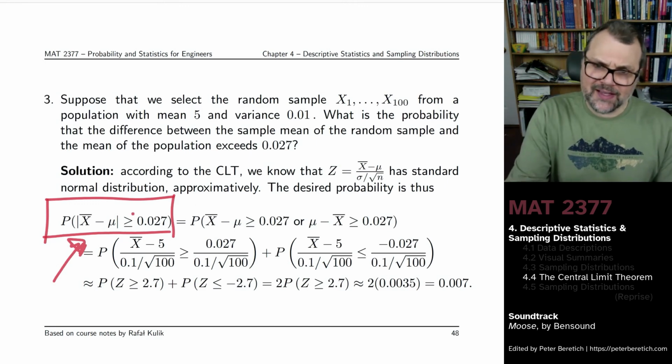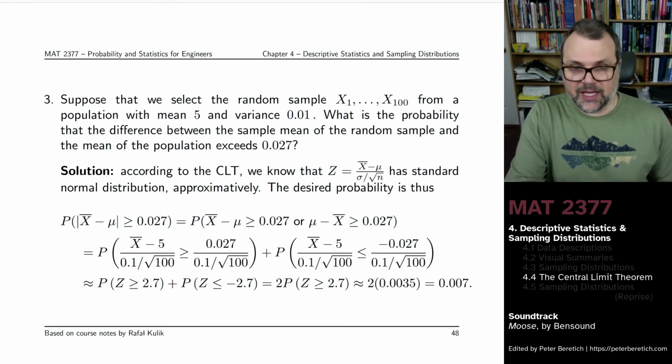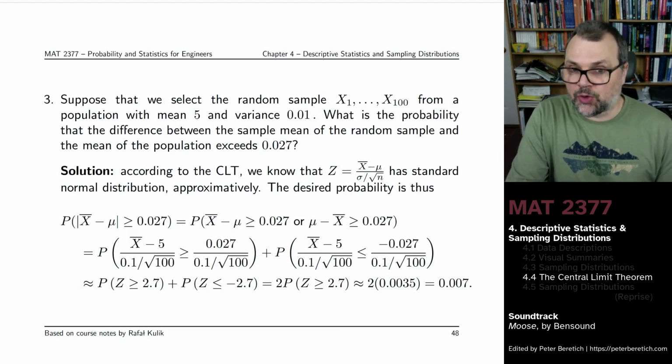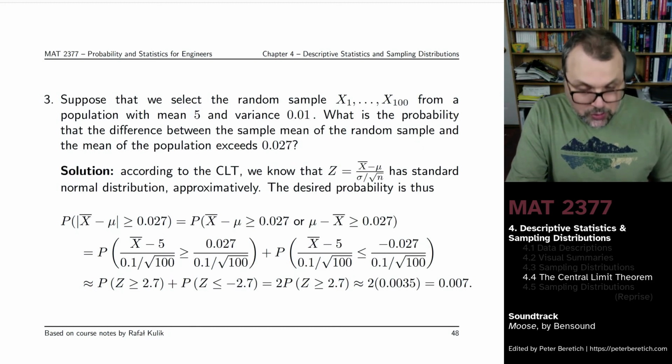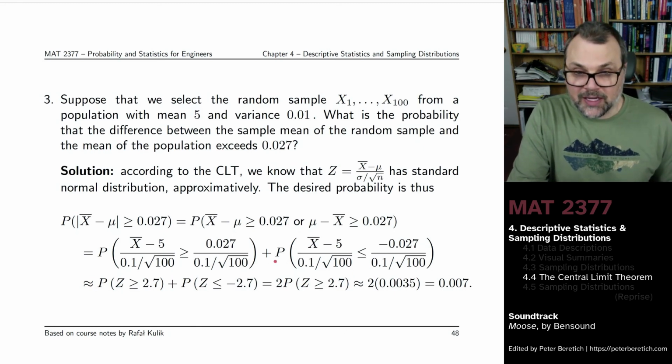But these two events here are mutually exclusive. They can't both happen, right? If x bar minus mu is greater than 0.027, then no, mu minus x bar is not going to be greater than 0.027, and vice versa. So because these are mutually exclusive events, the OR becomes a plus. We can separate the probability computation into two simpler probability computations.